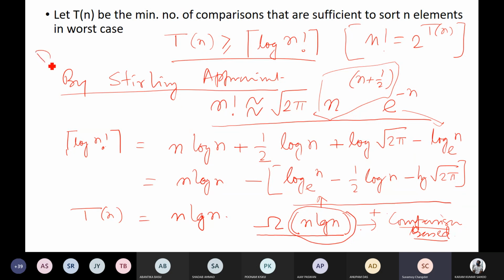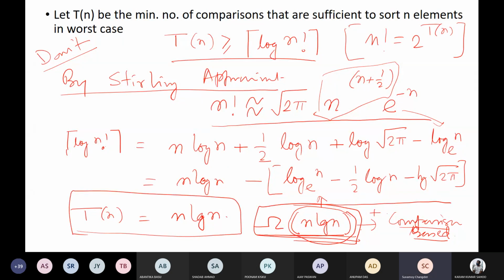So don't go for finding a comparison based sorting algorithm whose lower bound is less than n log n, because that will be a wastage of your time. We have proved that the lower bound cannot be less than n log n for any comparison based sorting algorithm.